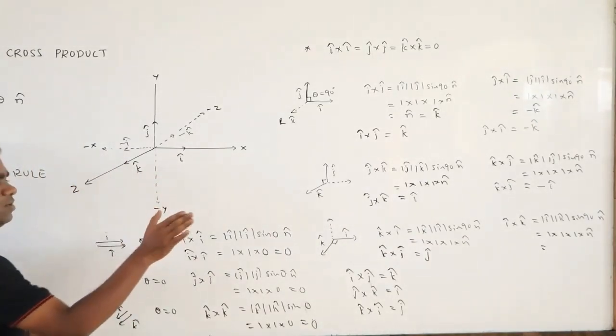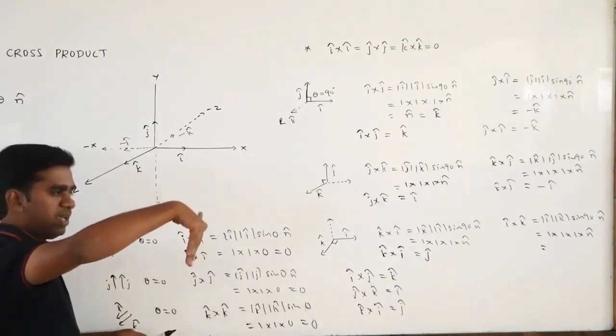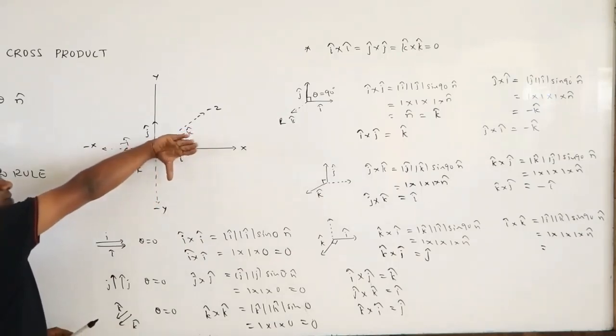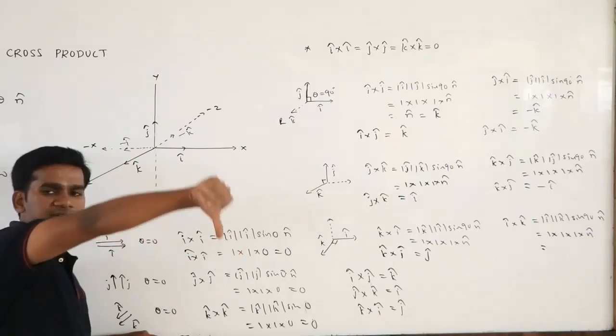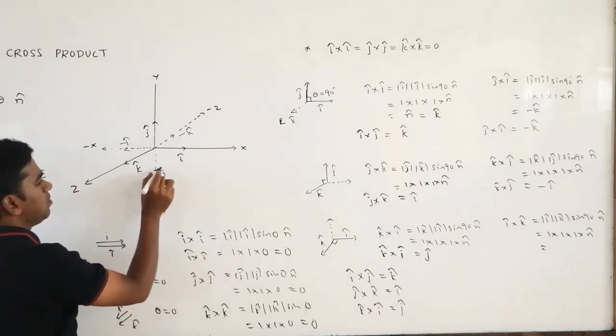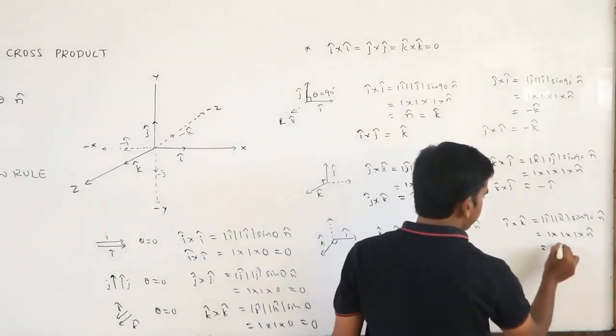So coming to k, i is there. So this is what, i to k is towards you. So your resultant is going to be what? Downward. Downward means here. So this is minus j. Okay, so let me write it as minus j cap.